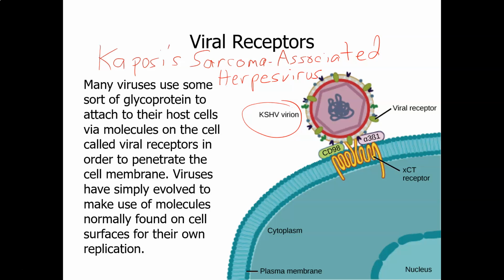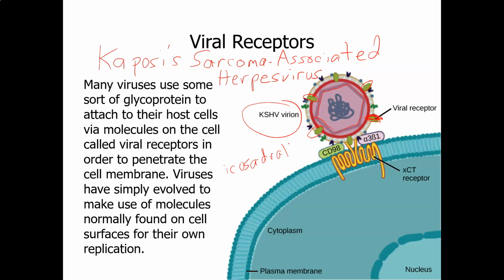So in this case, these little green ovals are the viral receptors in the envelope of this virus, because this virus has a capsid. This is the capsid. Looks like a hexagon, but remember that it's three-dimensional. So we call that icosahedral. So the capsid is icosahedral. You're going to see this word again.